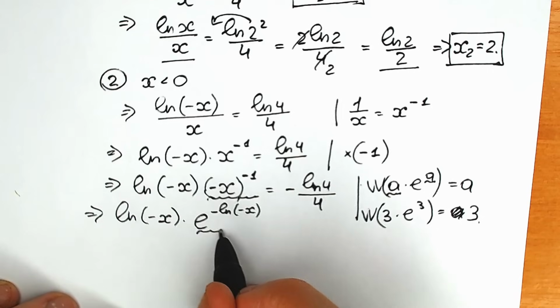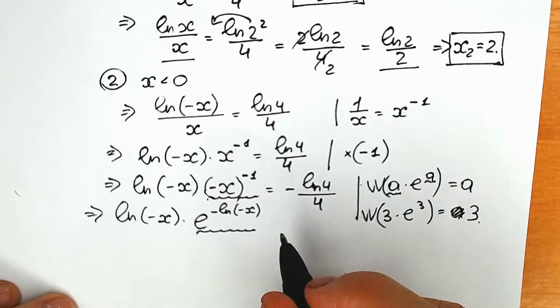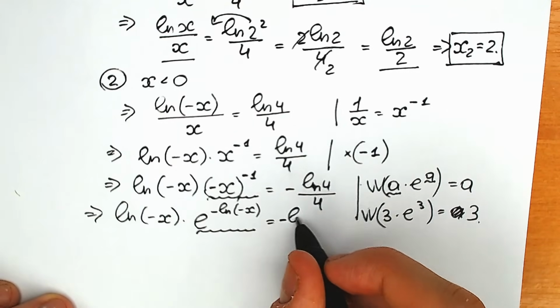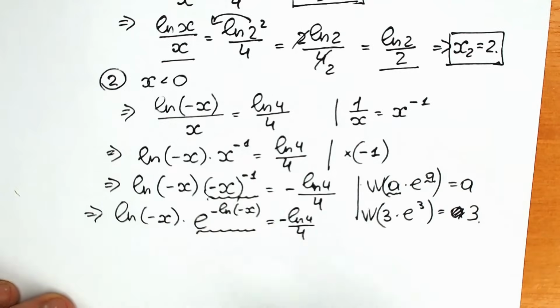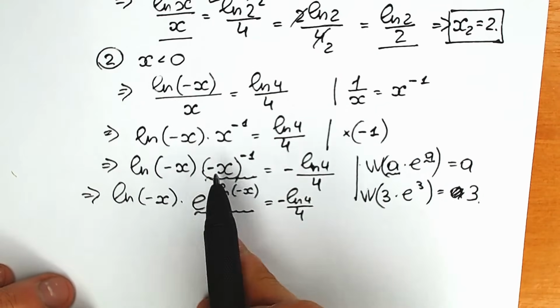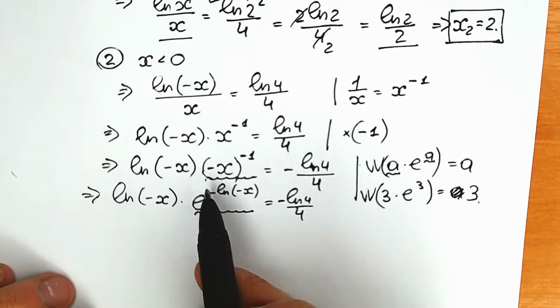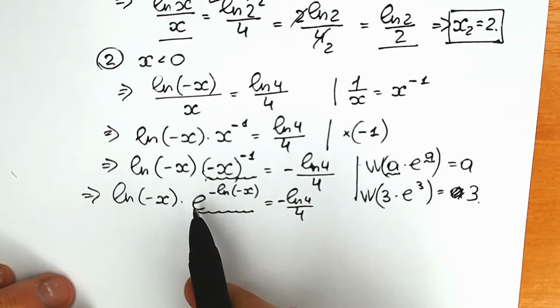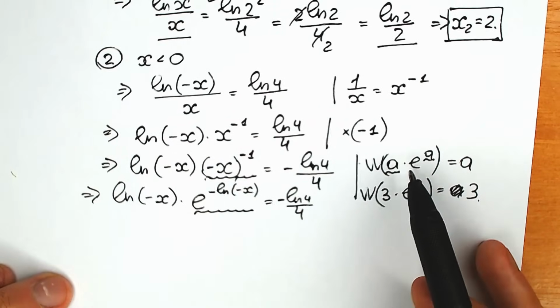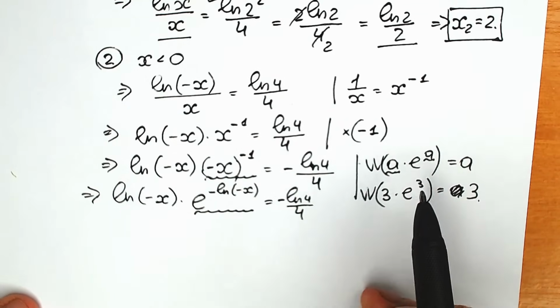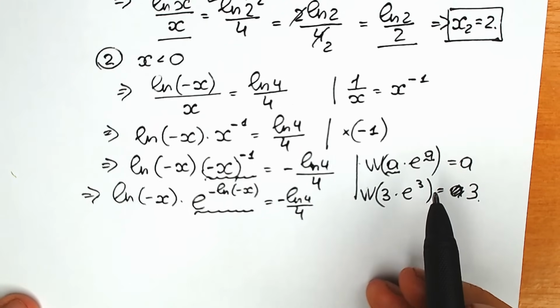So these expressions are absolutely the same, equal to minus natural log 4 over 4. I really hope you understand this, not like a change, not like a substitution, but we just write it in another way with the e, because we need to have e to apply the Lambert W function.